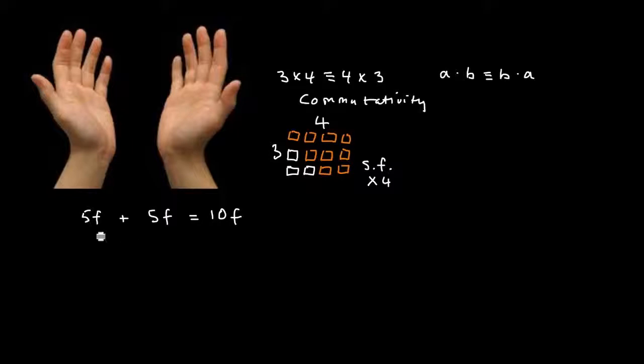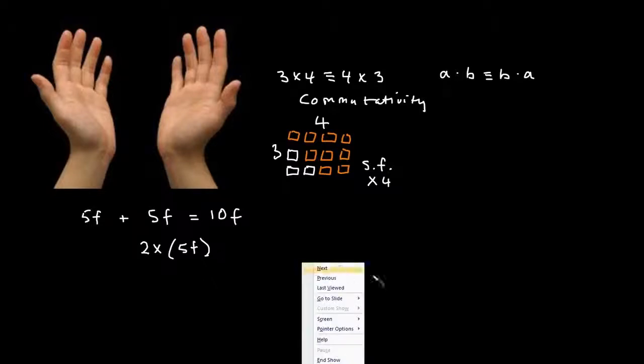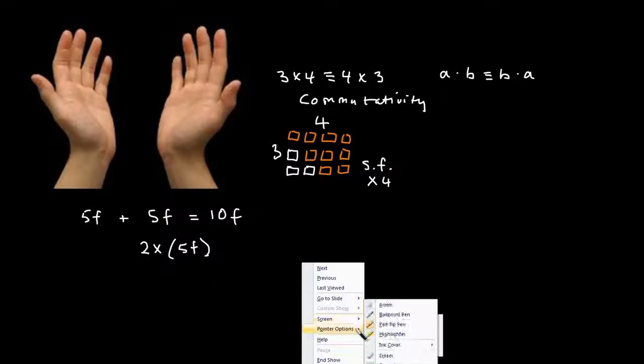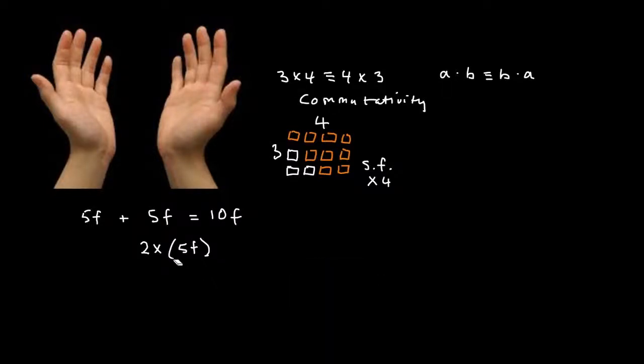But before we go into that, let's just look at multiplication itself. 5F and 5F gives us 2 times 5F. In fact, we don't even need the brackets here, so let's just remove them. So 2 times 5F is 10F.